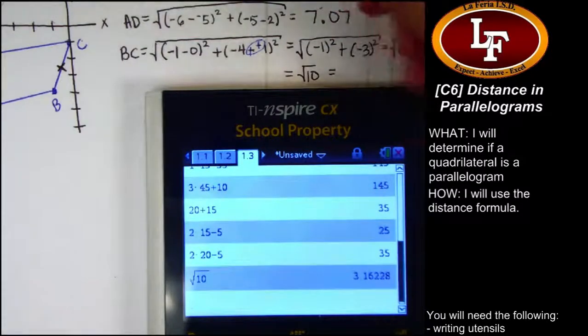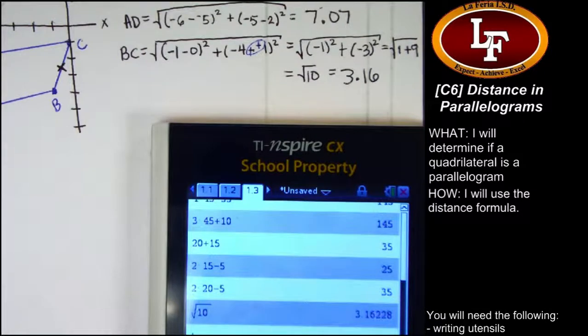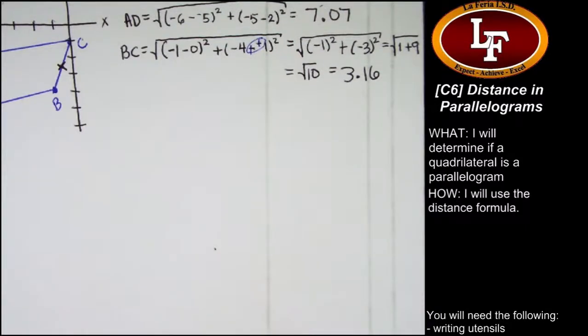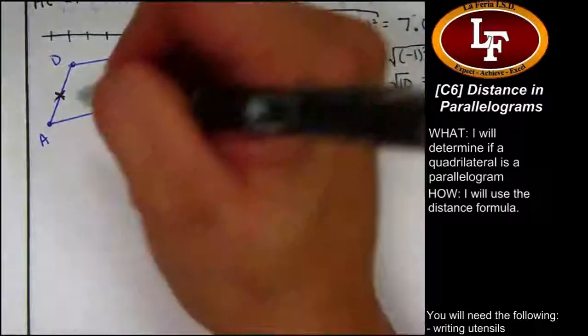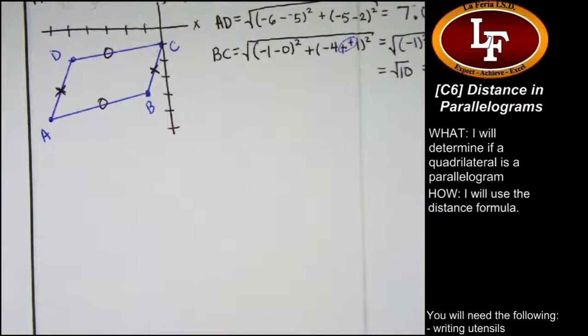Okay, so we end up getting 3.16, which means this is not a parallelogram because those distances are not the same. If the distances had been the same, then we'd be like, awesome, let me check these other two sides. And you do the exact same thing and check to see if those distances are the same.